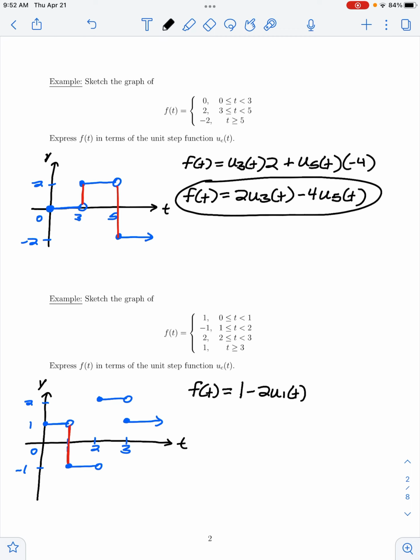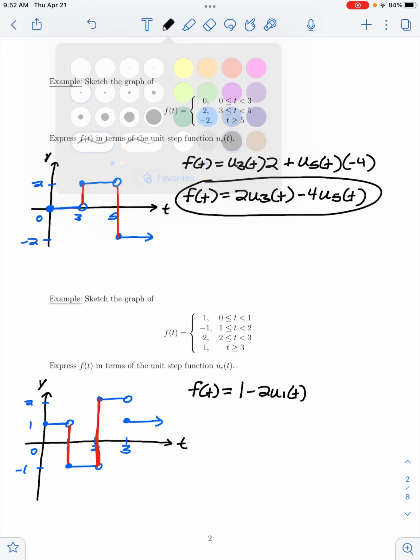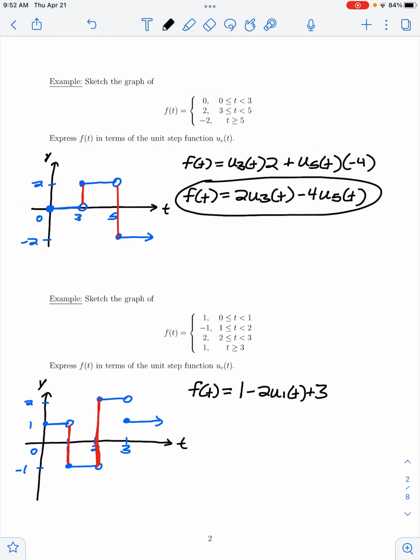And then at time 2, another jump occurs, or another step, and the size of this step from negative 1 to positive 2 was 3 units. So I could add a step of 3 units upward at time 2.